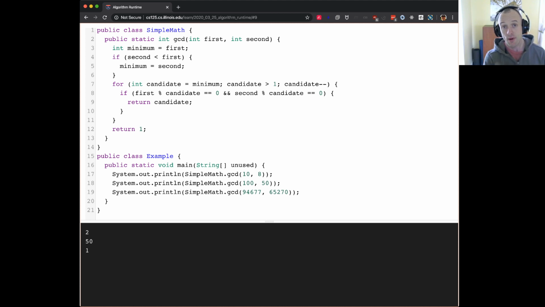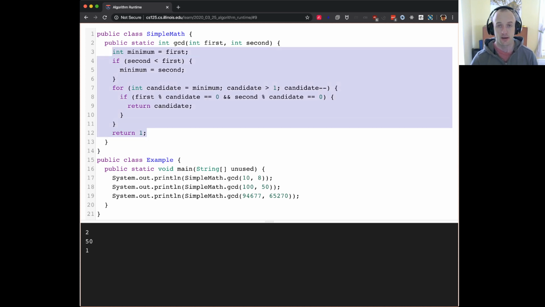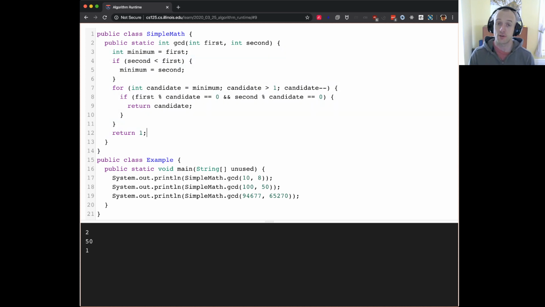Okay, but I want to point out, how do we implement this algorithm, right? So our implementation is here, right? But the algorithm, the way you would describe the algorithm is you'd say, start with the smaller of the two numbers. So that's what we did here, and we used the fact that computers can store data and make simple decisions. So we have to decide which of the numbers is smaller.